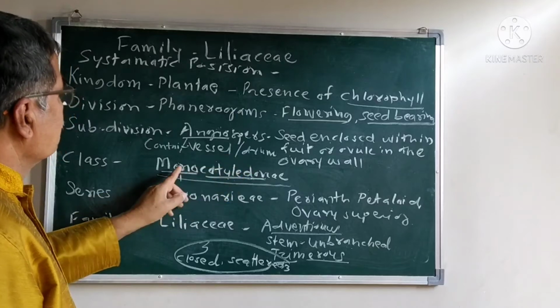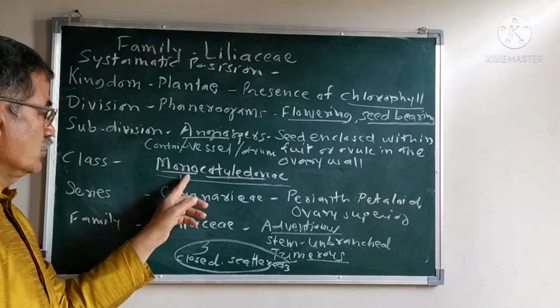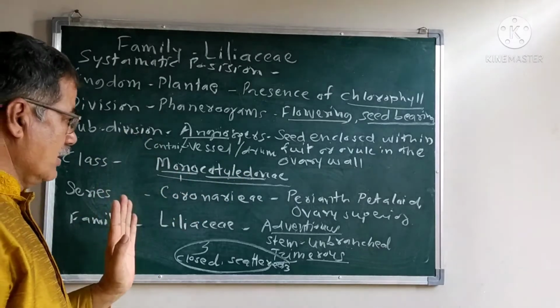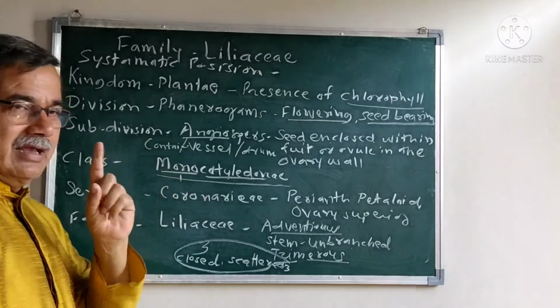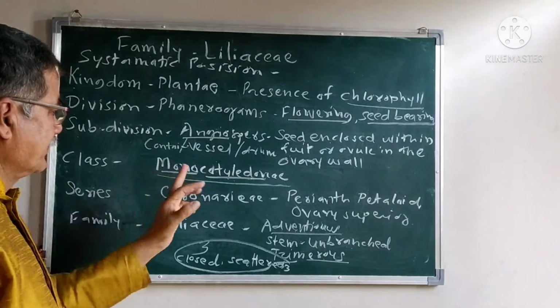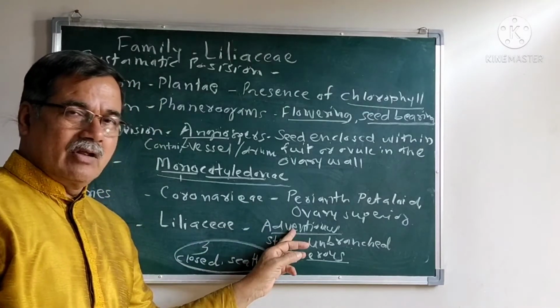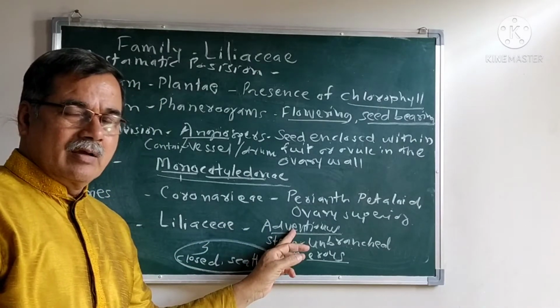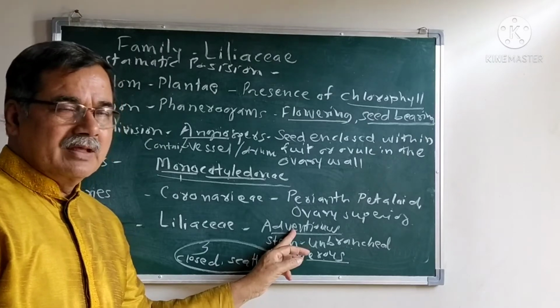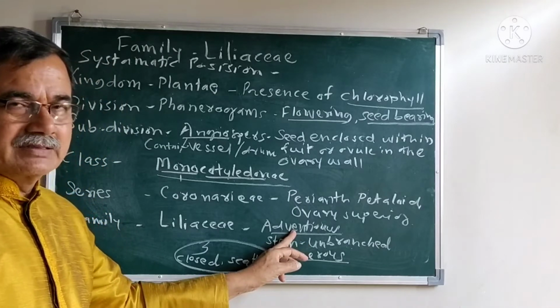The seed bears one cotyledon, therefore it is known as ekdal bijapatri. The plant's roots are adventitious and fibrous. They are not derived from the radicle. They are derived from any other part of the stem.